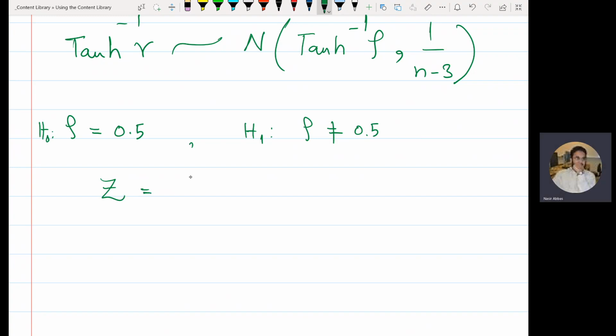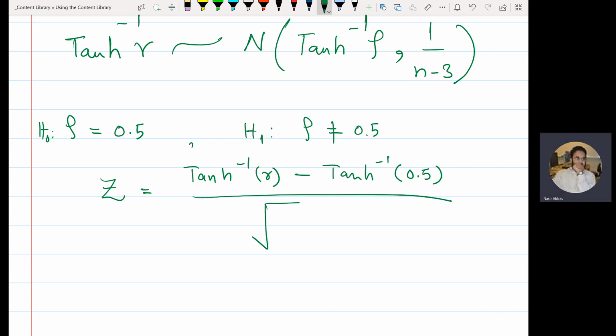This will be tanh inverse of your R, whatever comes from the data, the value of correlation, minus tanh inverse of the value you are testing, 0.5, divided by the square root of the variance.